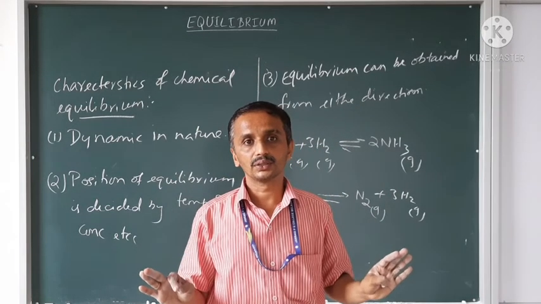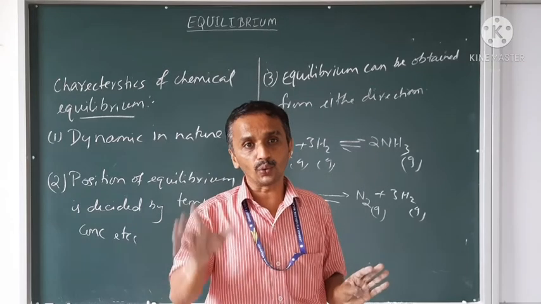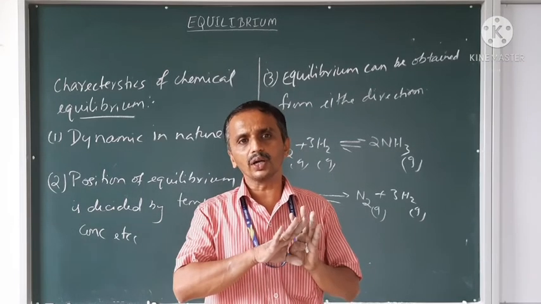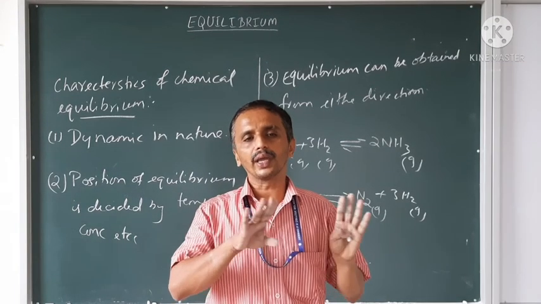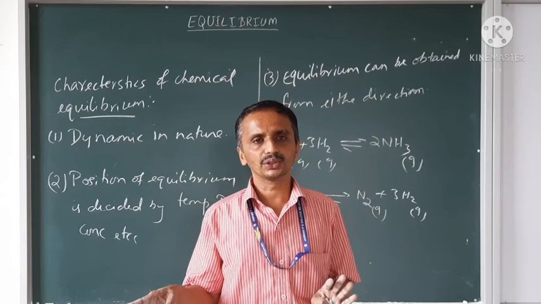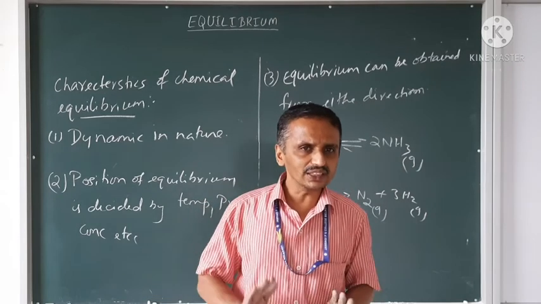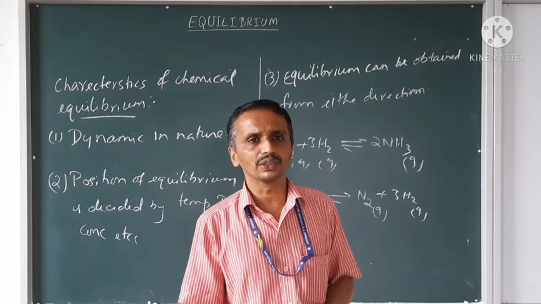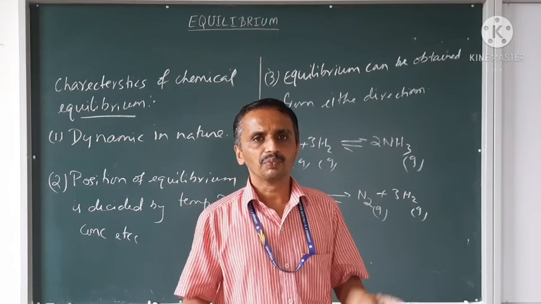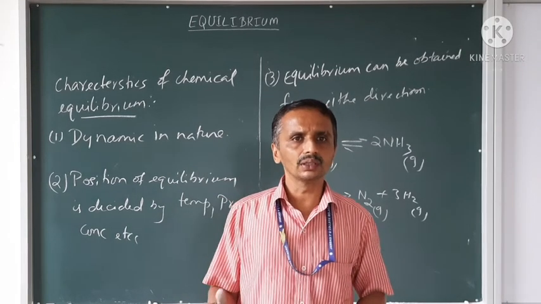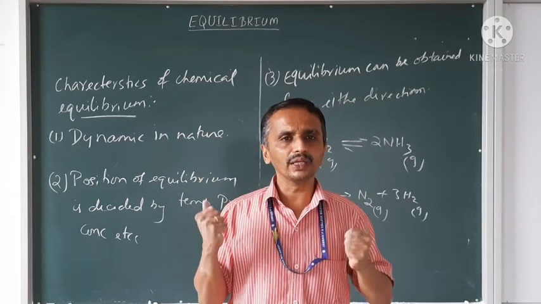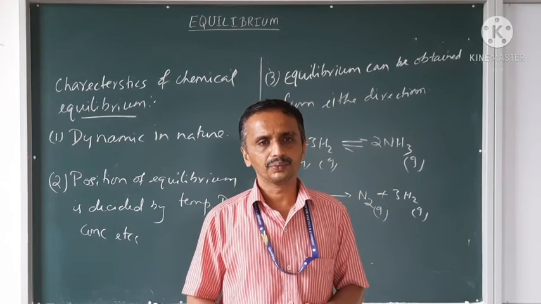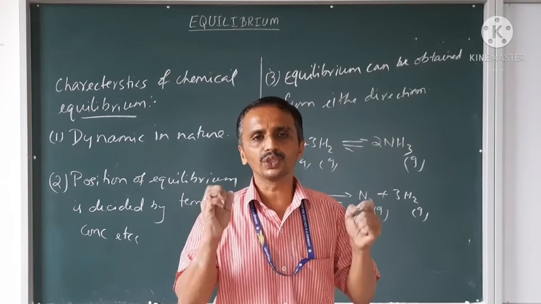But by doing so, they will not undergo any chemical changes. Their presence is needed, but they will not undergo any chemical changes in the end. It means at the end of the reaction, the catalyst can be obtained in a pure form, in its original form only.